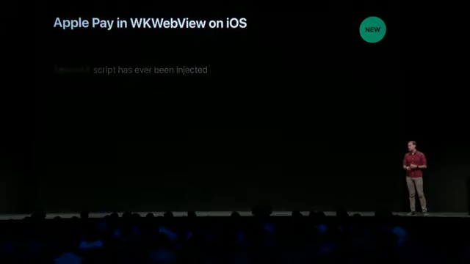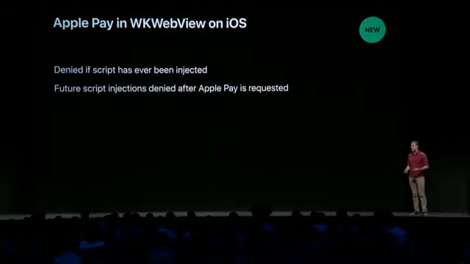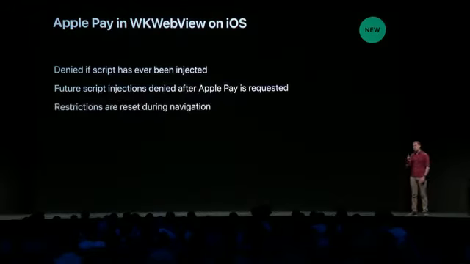Here's how it works. If any script has ever been injected to the current page of the WKWebView, we will not allow Apple Pay. If the current page has already called canMakePayments with an Apple Pay payment method, we will not allow any future script injections. They will be blocked with an error. But both of these restrictions are only limited to the current page, so any top-level navigation will cause them to reset.